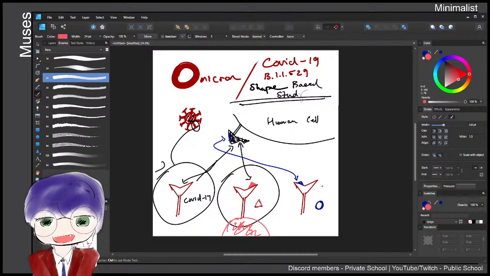Delta is here. Let's say Delta fits in like this, right? So you see that there's a little bit of a gap in between where Delta fits in, but Omicron fits perfectly, and that means Omicron is much better able at attaching itself to cells than Delta is.